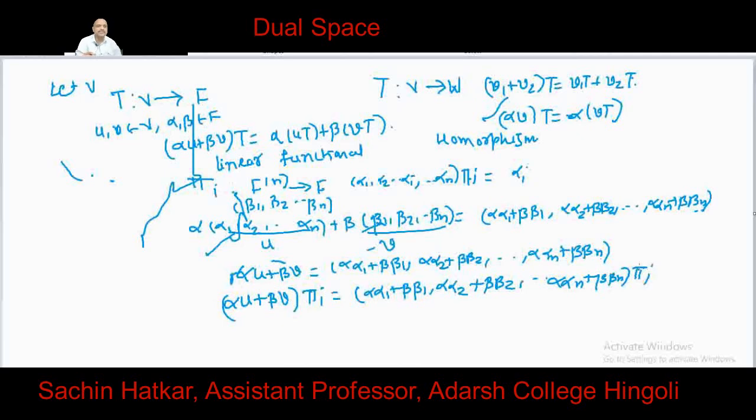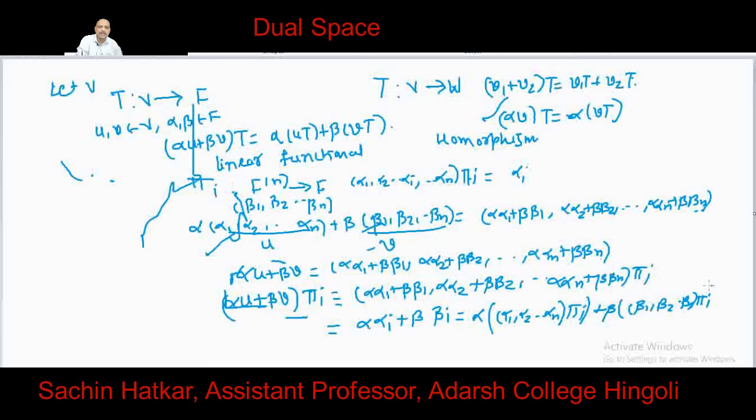Now see the definition: pi I of (alpha 1, alpha 2, ..., alpha I, ..., alpha n) equals alpha I. So here we get that this is equal to alpha alpha I plus beta beta I. This is equal to alpha times the image of (alpha 1, alpha 2, ..., alpha n) under pi I plus beta times the image of (beta 1, beta 2, ..., beta n) under pi I. What is (alpha 1, alpha 2, ..., alpha n)?